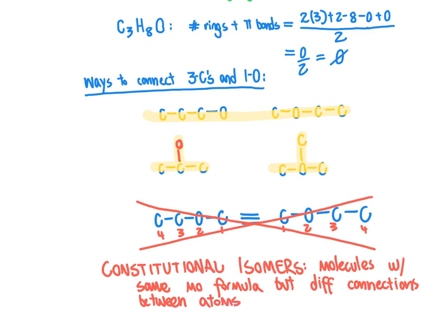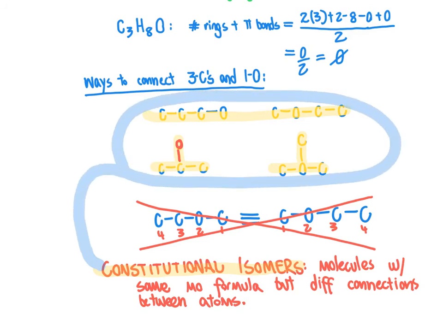There's going to be different ways that we can stitch together the atoms to make different structures. And the 2 structures we put the red X on just up top here was a place where we had a dead end where we said that those 2 molecules are identical. They are not constitutional isomers of one another. On the other hand, the structures that we drew up here are potential options for constitutional isomers that all have the molecular formula C3H8O.